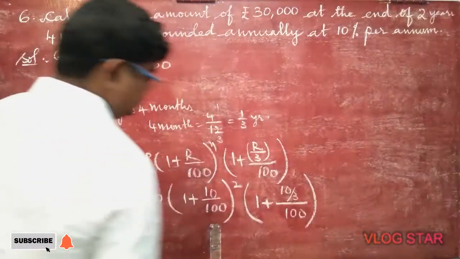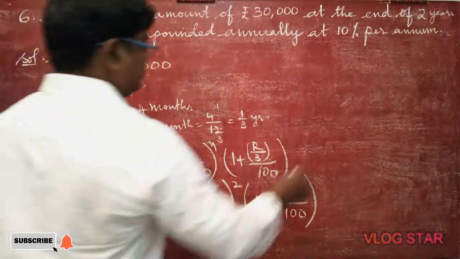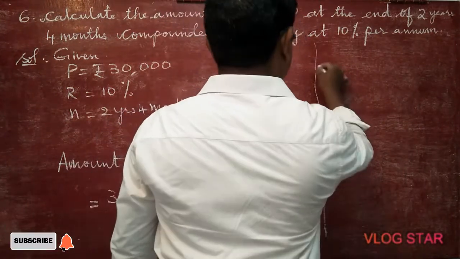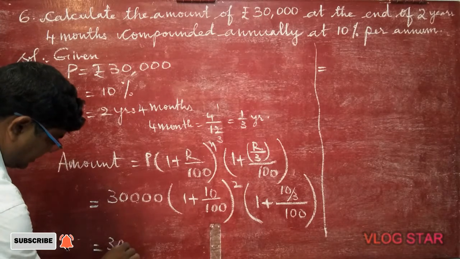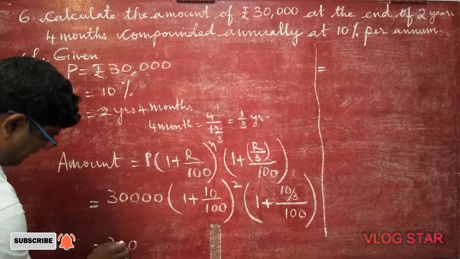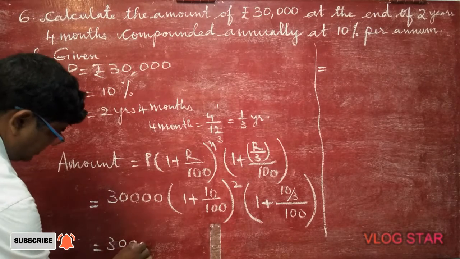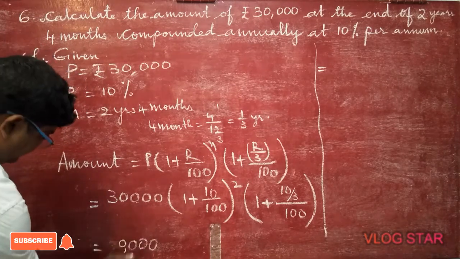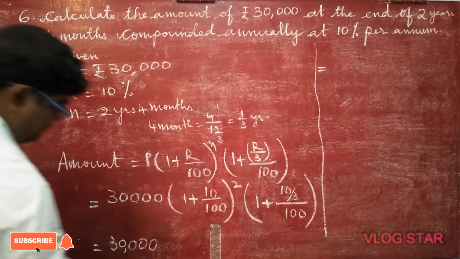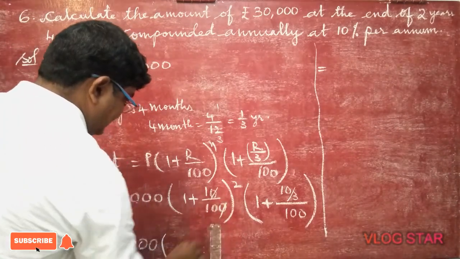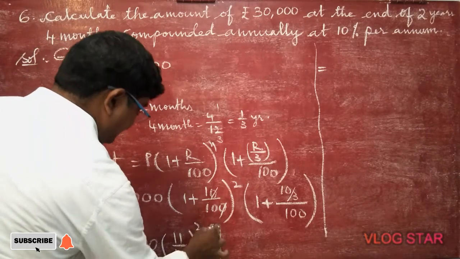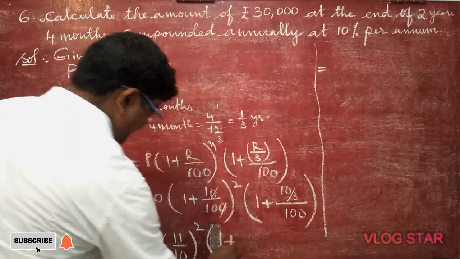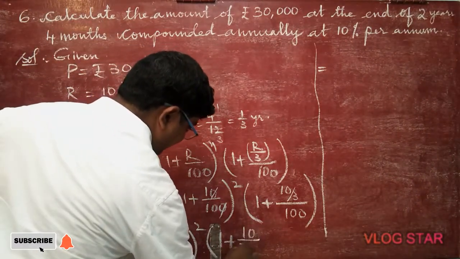Are you able to follow? So now that is equal to, here one more step, 30,000 into, here 0, 0 get cancelled, (11 by 10) whole square into (1 plus 10 by 3 into 100).